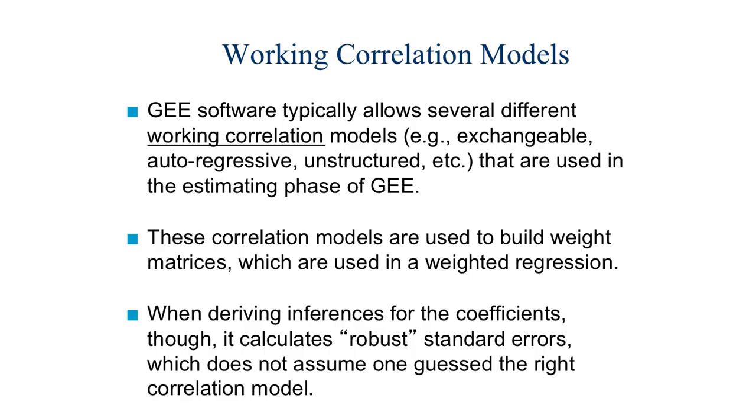And then there's the non-parametric estimate of correlation, which it uses to get the inference. So you can do a model where it just assumes independence when it estimates the coefficients, but then accounts for correlation when it does the standard errors. And that's always important to remember about GEE.